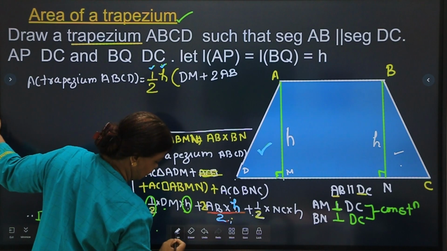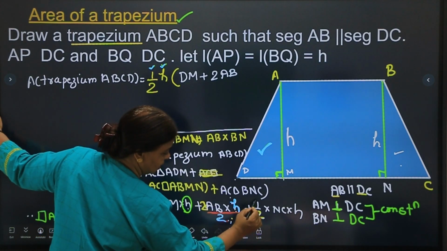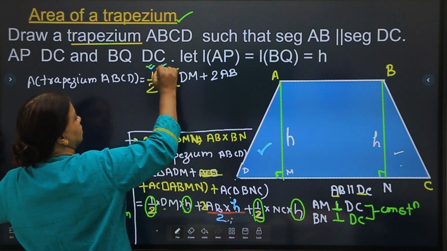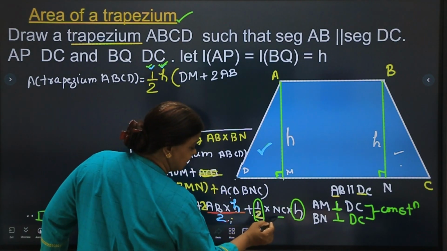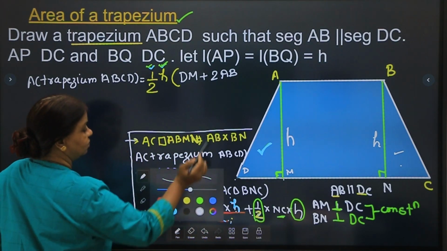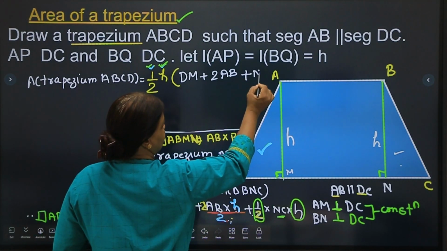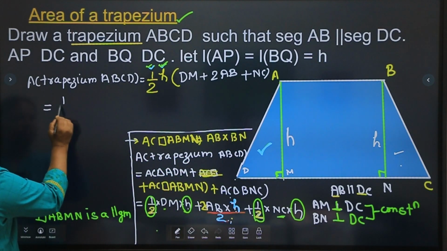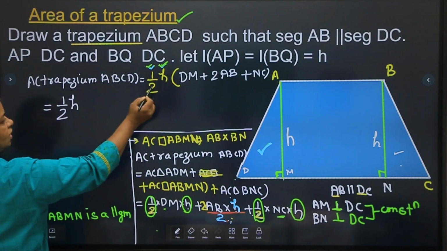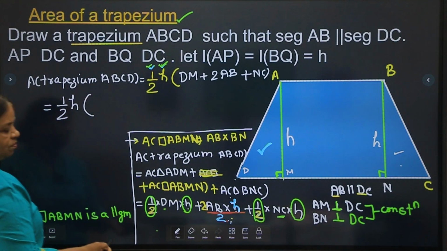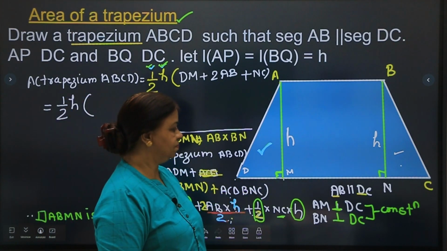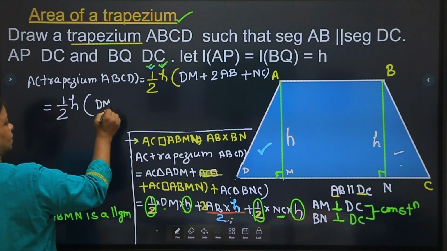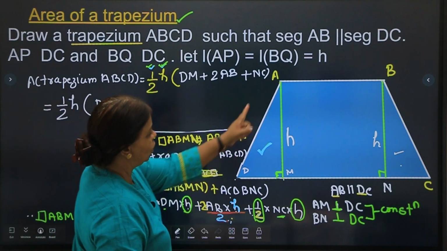Then from here this half and this H is out. So what is left? NC. Plus NC. Okay. Half H, I wrote DM. Where is DM? This is DM. Plus 2 times AB.